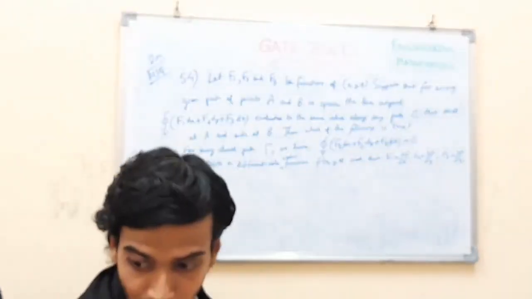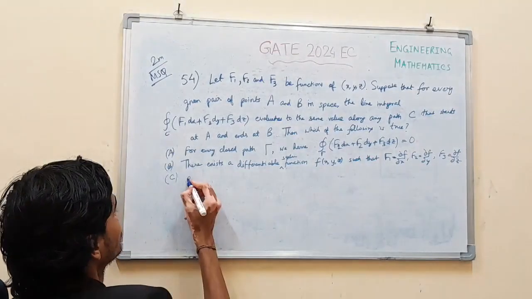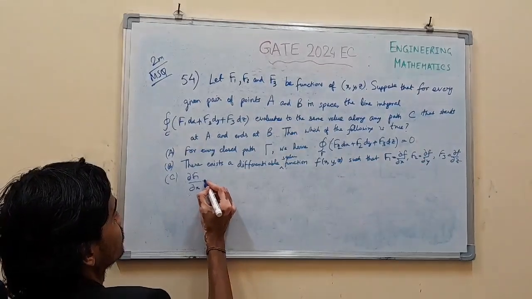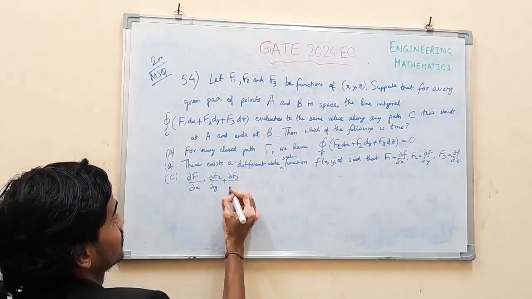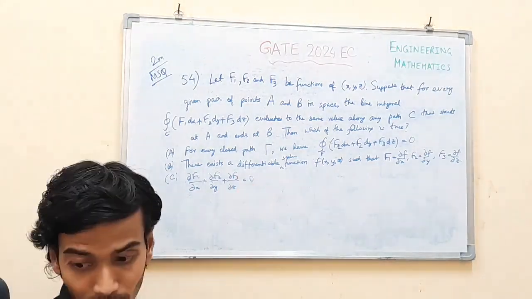Option C, del f1 del x plus del f2 del y plus del f3 del z equal to 0.